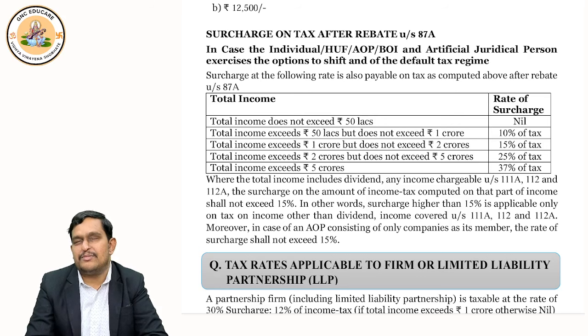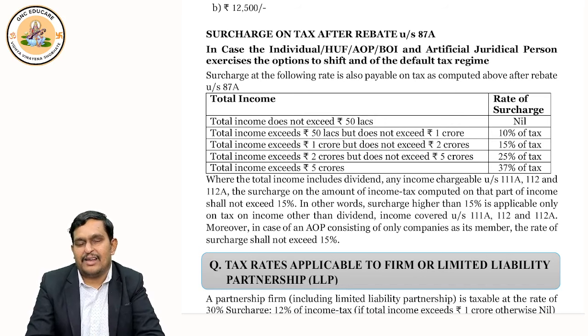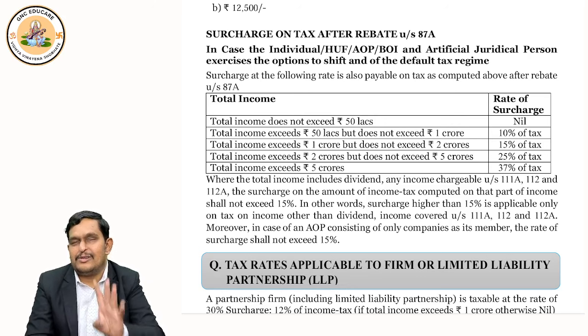So if your incomes are from dividend income, long-term capital gains, or short-term capital gains under 111A. Long-term may be 112 or 112A. Short-term only 111A. These four incomes if you are earning.